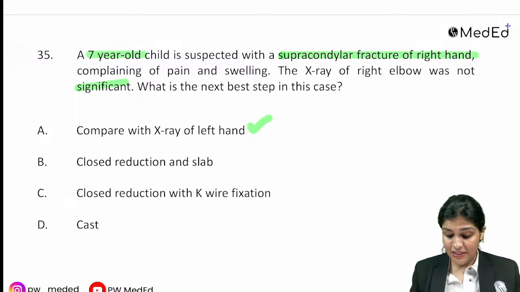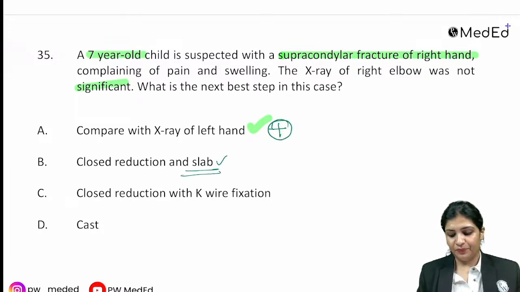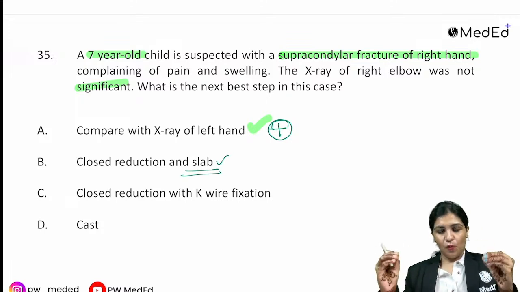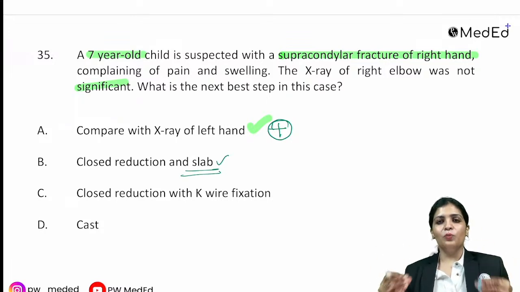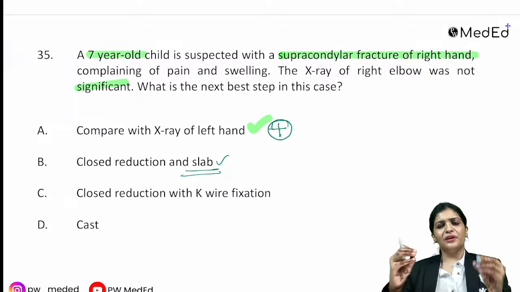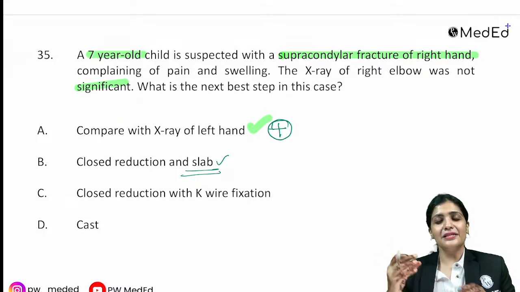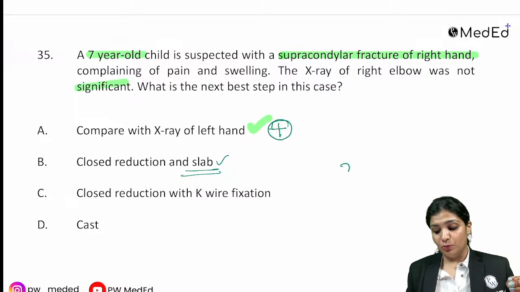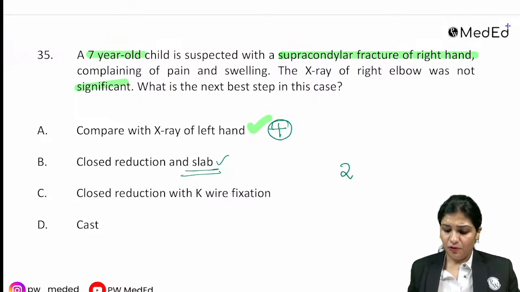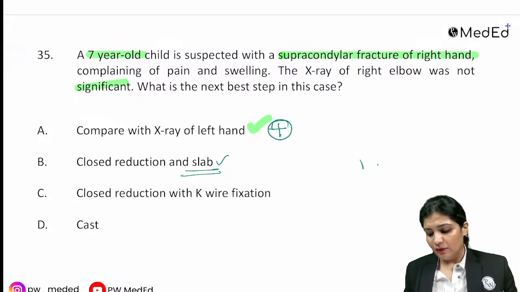But if this step is already done, then you have to always go with the slab. In orthopedics, we always overtreat the patient. That means we treat the patient with a slab, give them a little support, and then repeat the X-ray after maybe 1 or 2 weeks just to confirm the fracture.